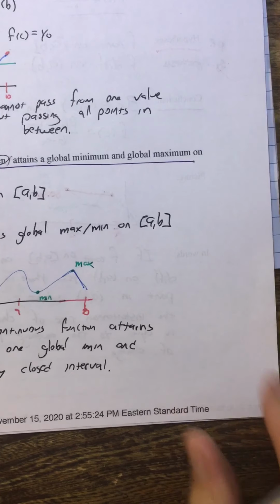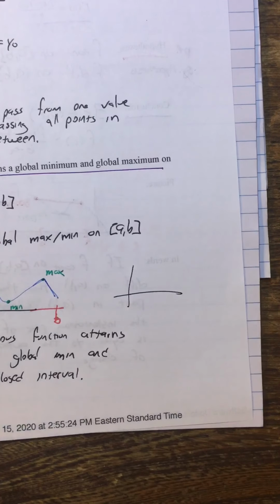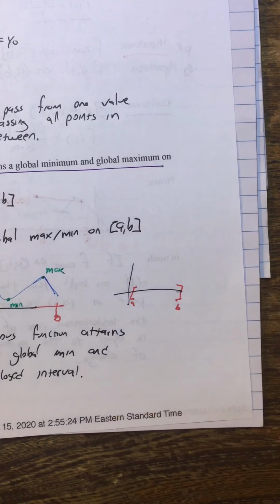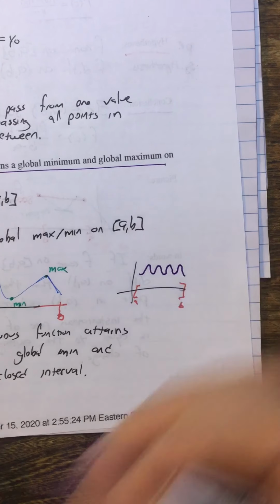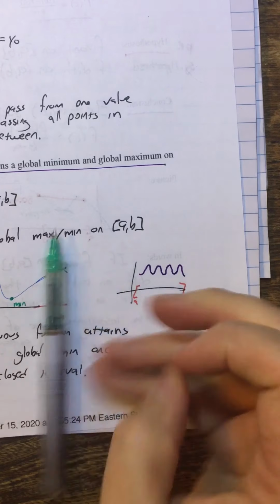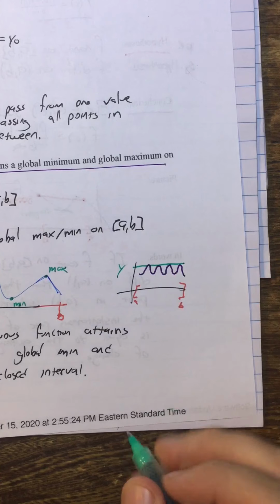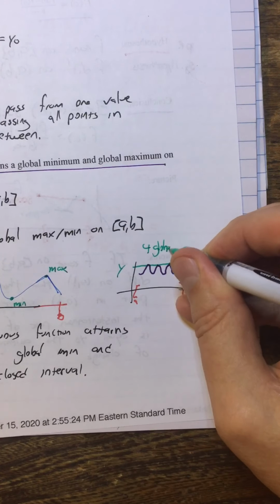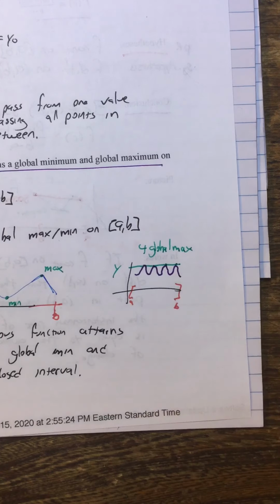It's worth mentioning that if a function, on an interval or on the whole real line, has a bunch of equal maxima, say they're all the same y value up here, those are all global maxes. So you have 4 global maxes. So you can have more than one global max and more than one global min.